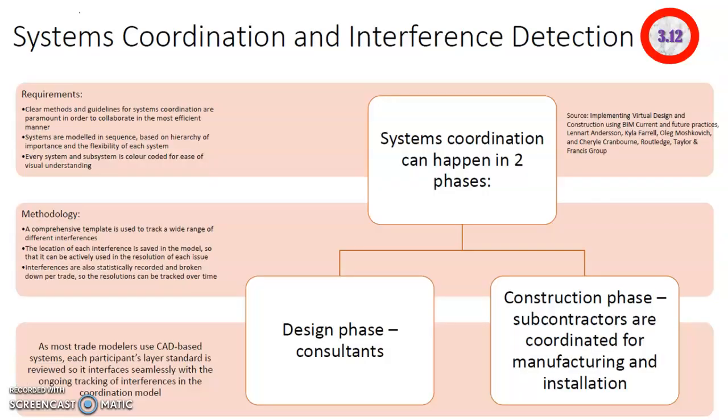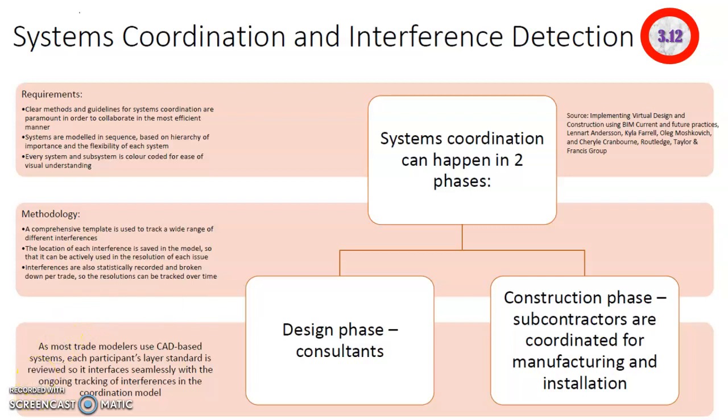VDC allows for system coordination and interference detection. The system coordination can happen in two phases. It can happen during the design phase, where it is done by the consultants. It can also happen in the construction phase, where the subcontractors are coordinated for manufacturing and installation.